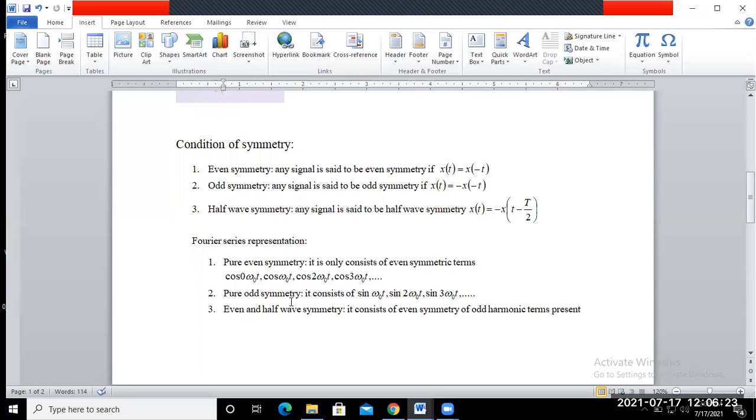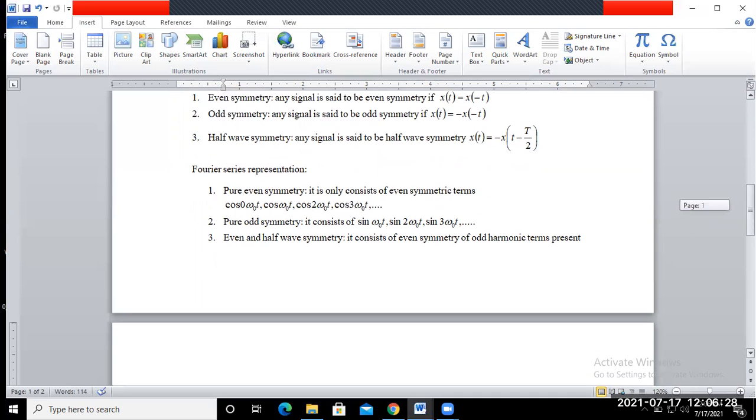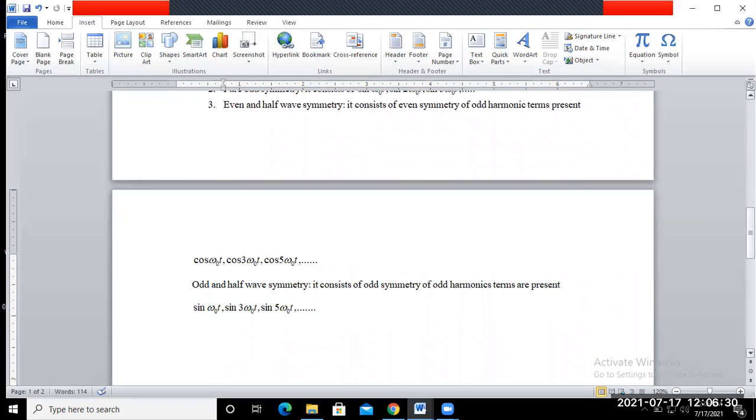So you will practice some problems or waveforms for this representation of the Fourier series.